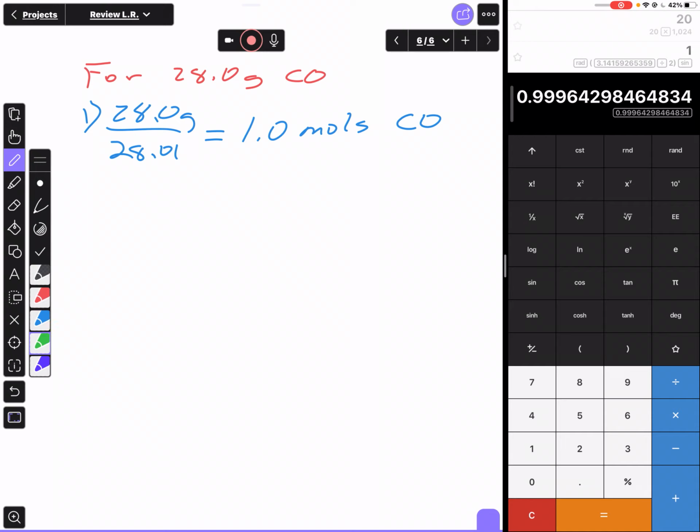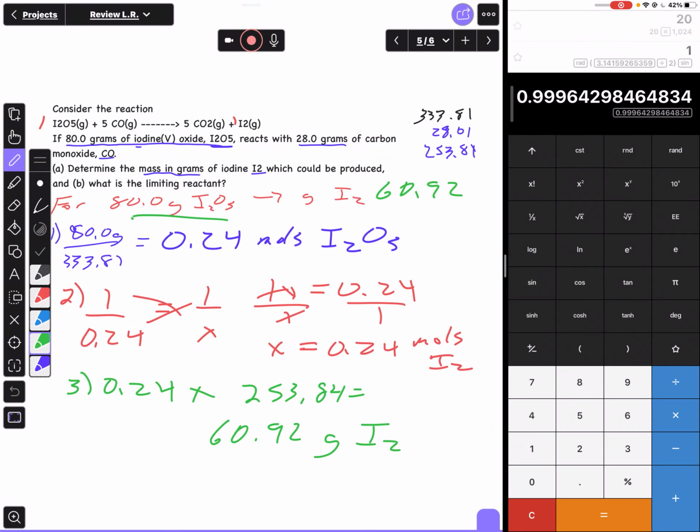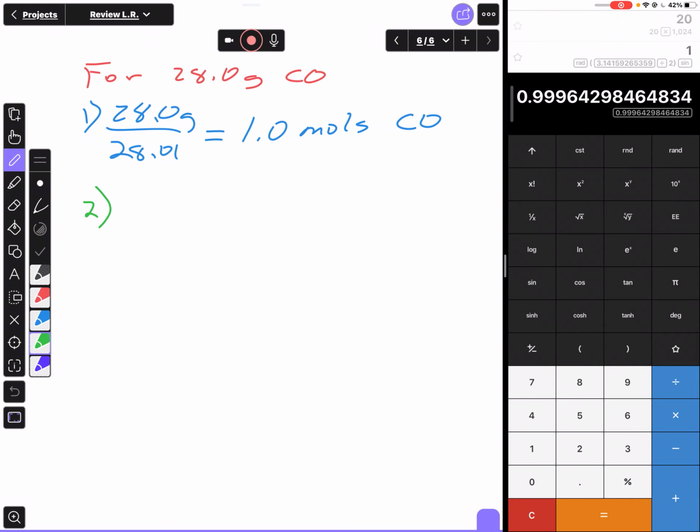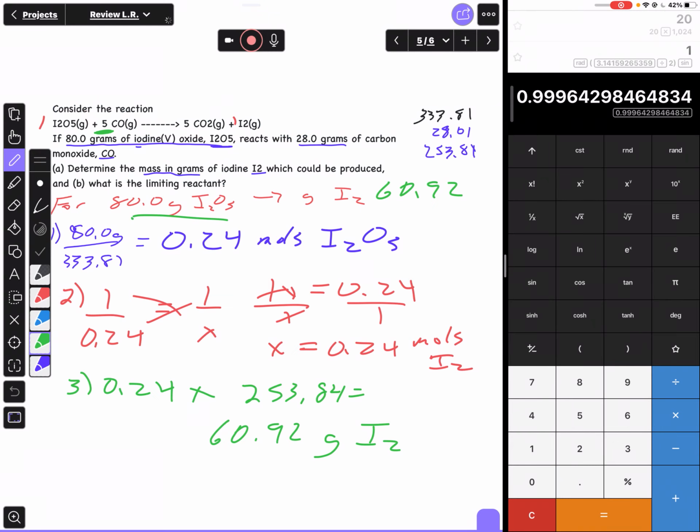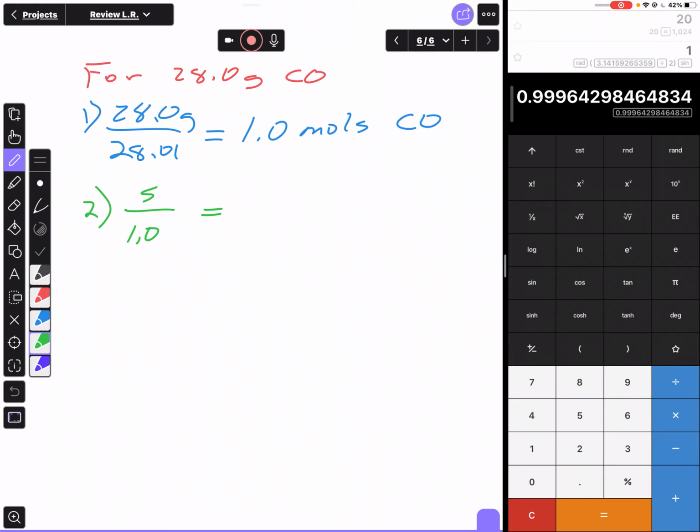My next step, I want to go from moles of CO to moles of I2 using my balanced equation. I look for what's the coefficient for CO? It's a 5, so I'll put 5 over 1.0 equals the coefficient in front of I2, which is a 1 in the balanced reaction, so that'd be 1 over X. I cross multiply and I get 5X equals 1.0.